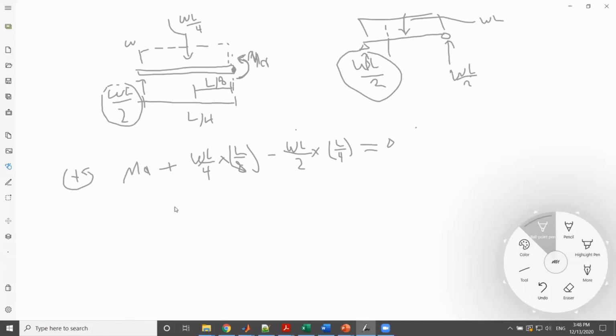Now, if you open this equation and manipulate it, it appears that MA is going to be equal to, let me check, somewhere there. All right, so MA would appear to be 3 WL squared divided by 32.